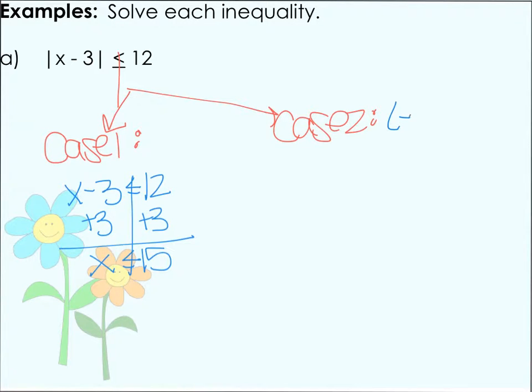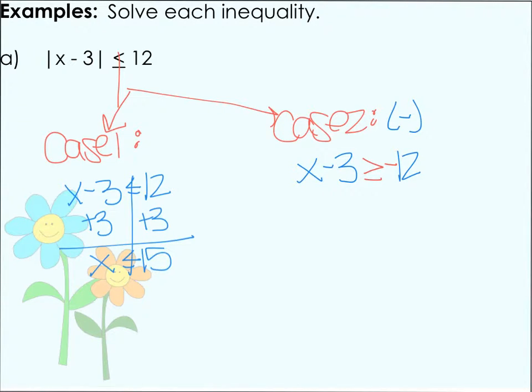This case is when we're dealing with a negative. So I'm going to write the inequality exactly as I see it, drop the absolute value, but I'm going to flip the inequality symbol, and make that a negative 12 instead.